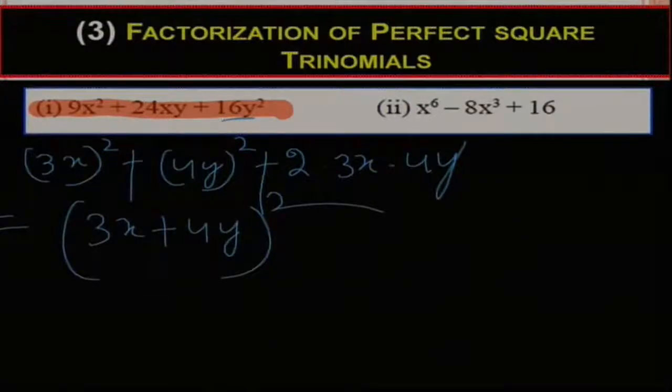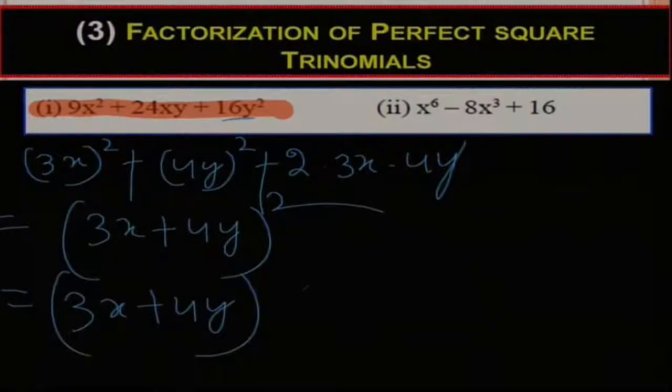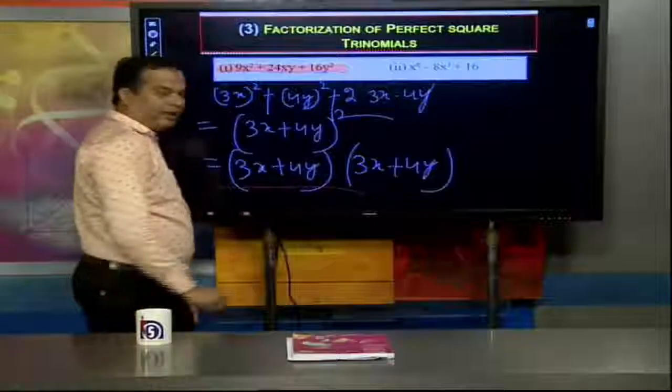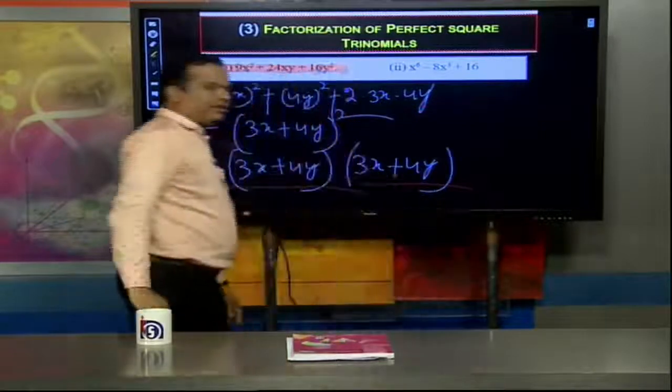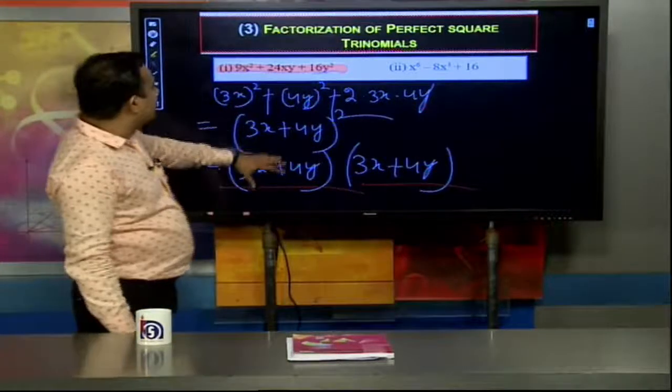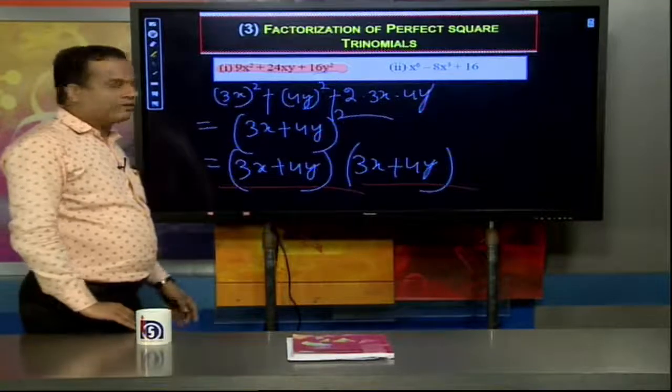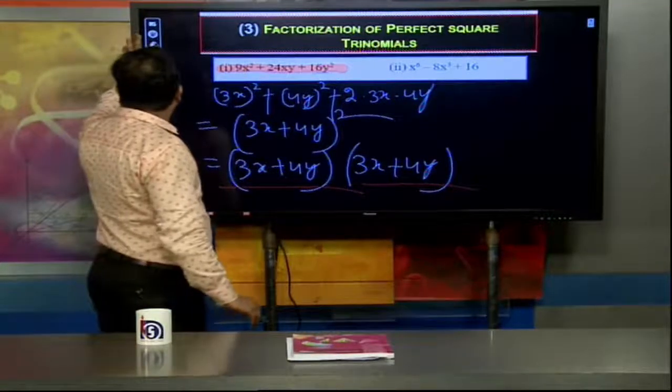So, (a plus b) whole square means (3x plus 4y) into (3x plus 4y). So, dear learners, when talking about factors, you will find two factors: one is 3x plus 4y, and again repeated 3x plus 4y. These are the two factors of the trinomial 9x square plus 24xy plus 16y square.